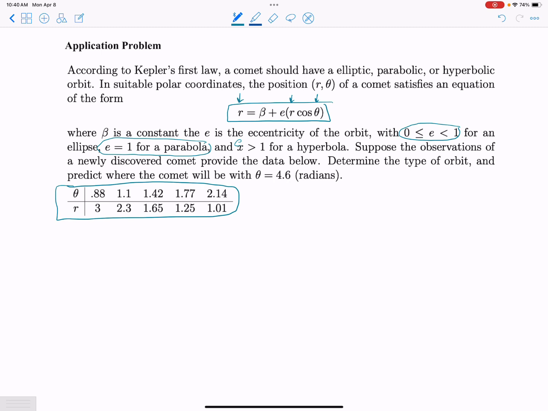I first want to plug in the data to set up the linear equations for beta and e. Using my first data point, this 0.88 theta and r is 3, I have 3 equals beta plus e times 3 cosine 0.88. I'm just going to keep doing this.